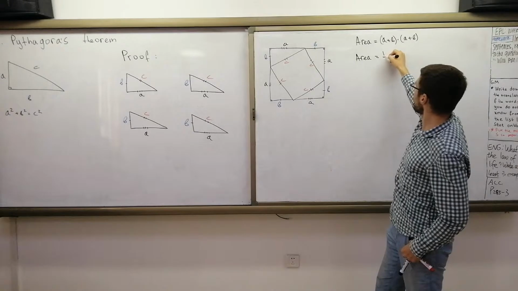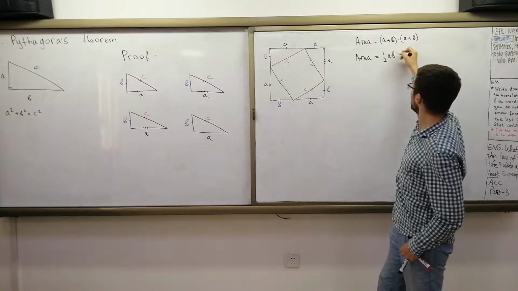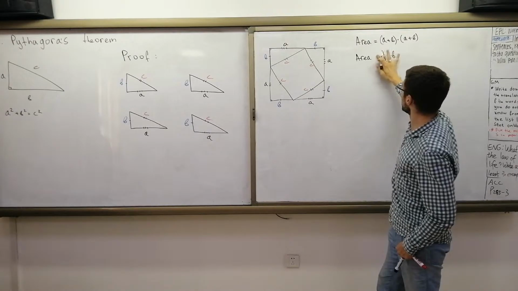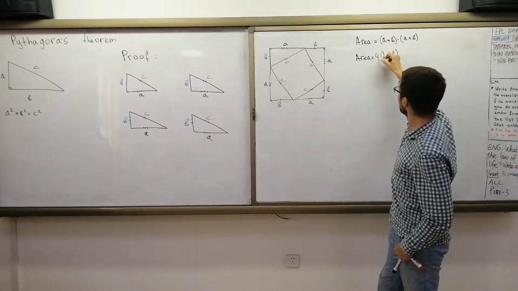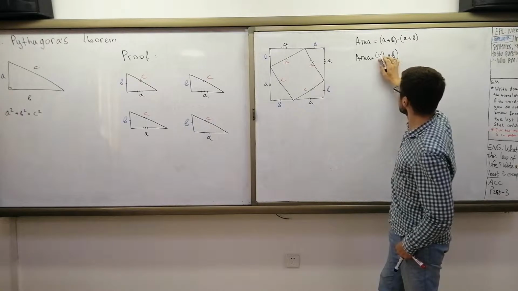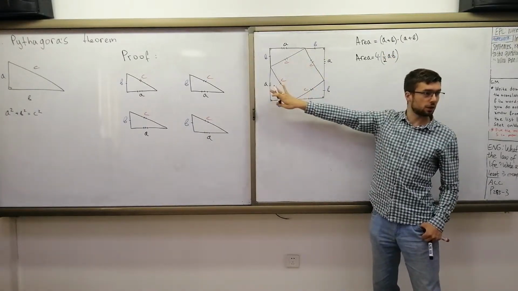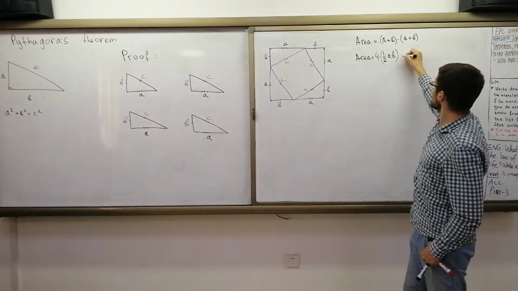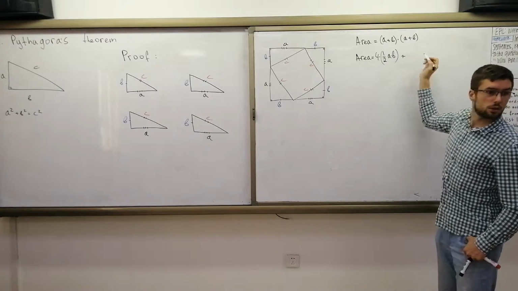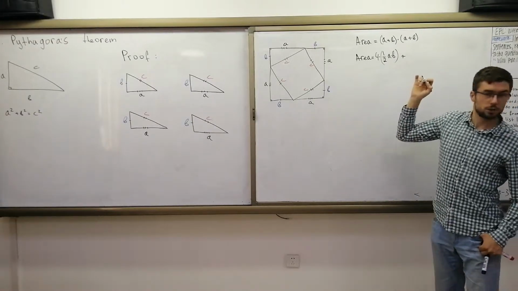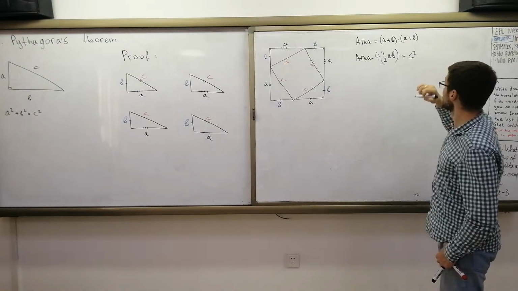So I have 1 over 2 AB, and how many triangles do I have? 4. So 4 at the front of the brackets represents that I have 4 triangles, right? Plus what? Plus C squared, yeah. Okay, good.